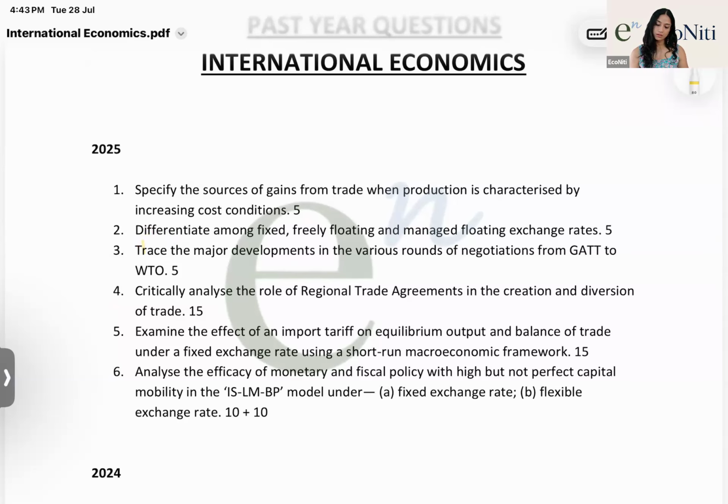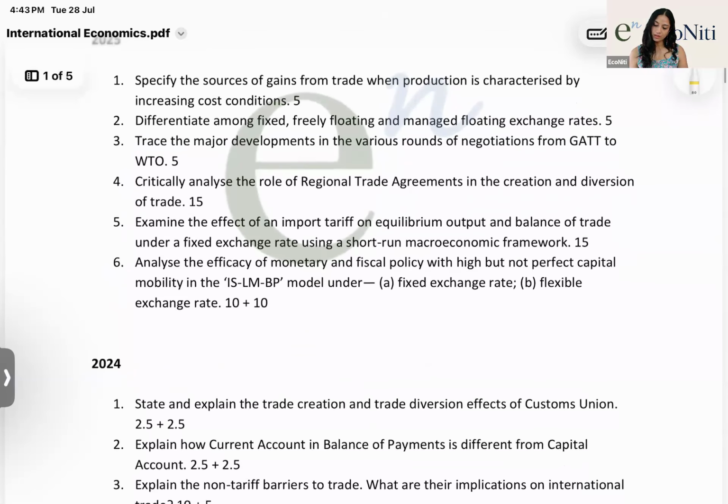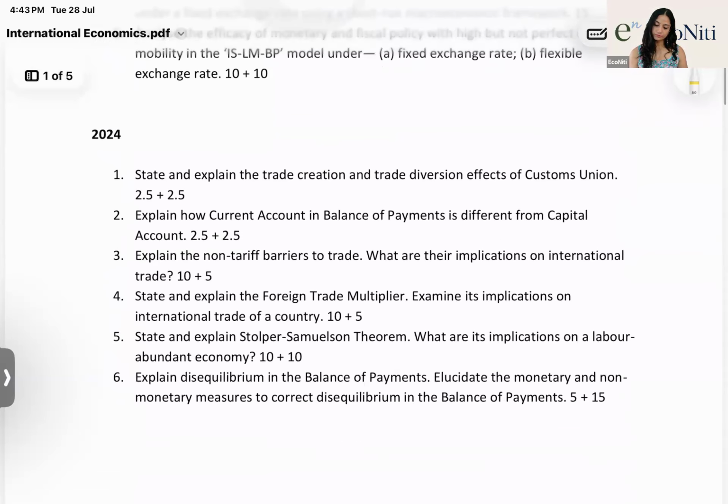So this is 2025. State and explain the Stolper-Samuelson theorem.